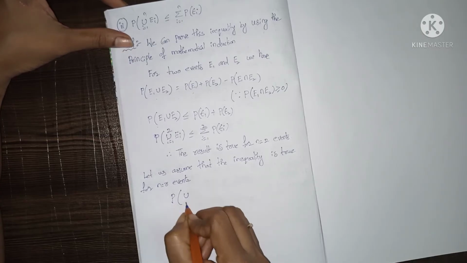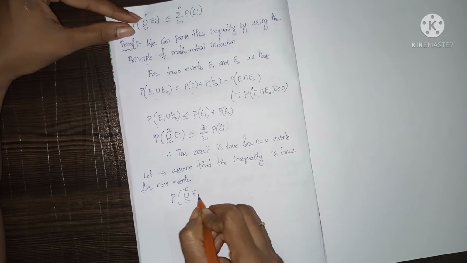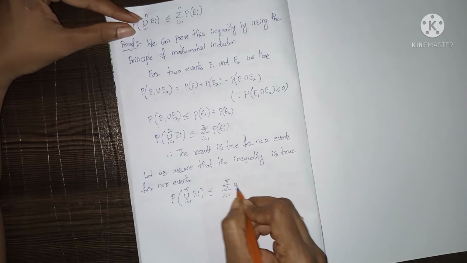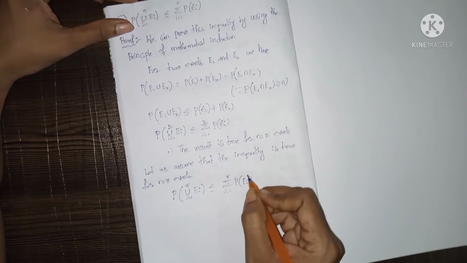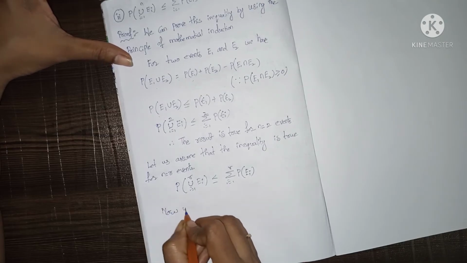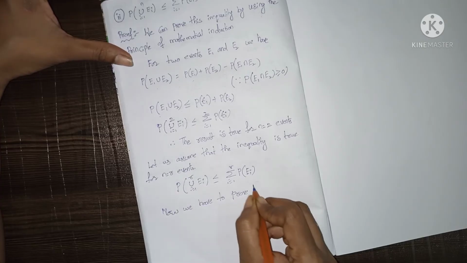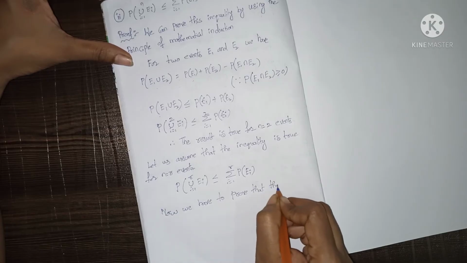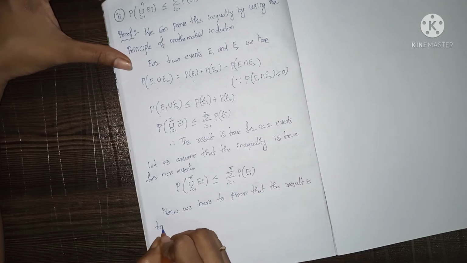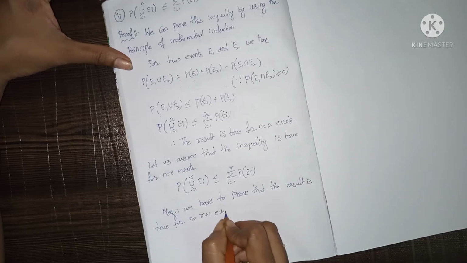P of union i equals 1 to r, instead of n we keep r, E_i is less than or equal to summation i equals 1 to r P of E_i. Now we have to prove that the result is true for n equals r plus 1 events.